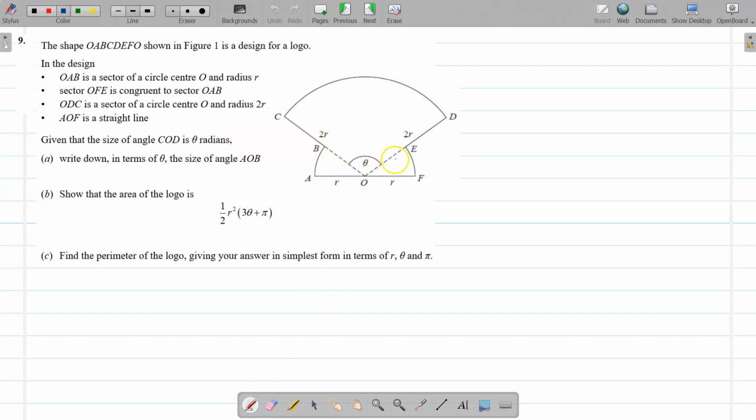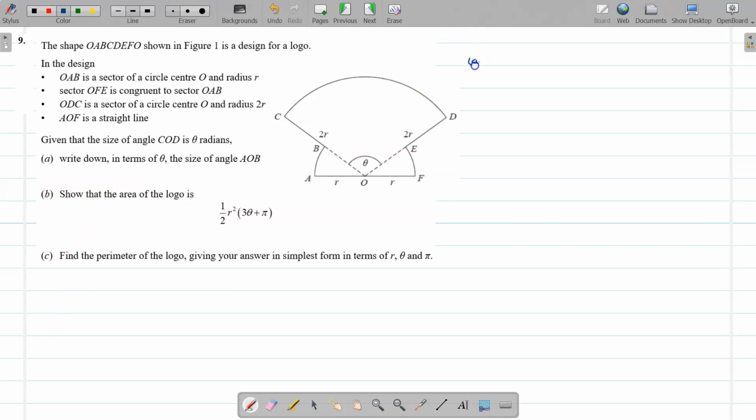Well, you know that there's pi radians in half a circle, so the angle AOB is a half of, because it's shared equally between these two, a half of pi minus theta. And it says write down, so it's not expecting a lot of working.